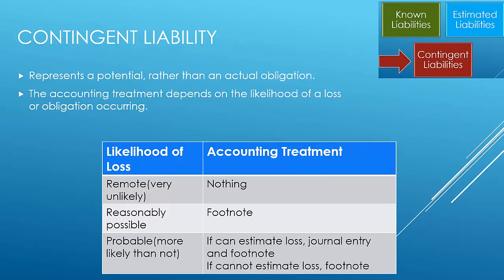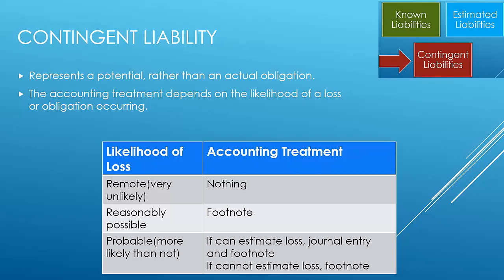We just put it in the footnotes of our accounting statements. If you've ever looked online at anybody's 10K or their balance sheets, there are always these footnotes, and they're fascinating to read. So if there's a likelihood of a loss and it's reasonably possible, you may see something documented in the footnotes of the financial statements.